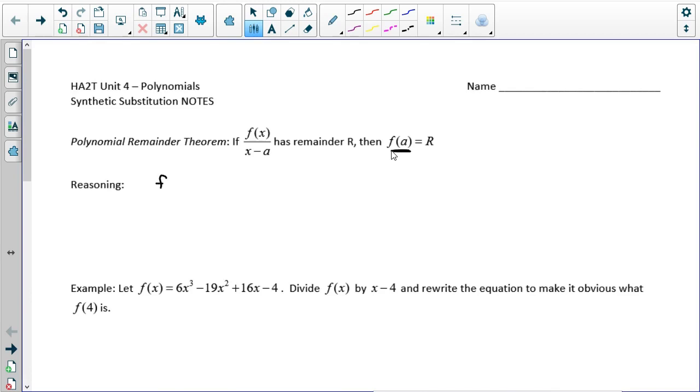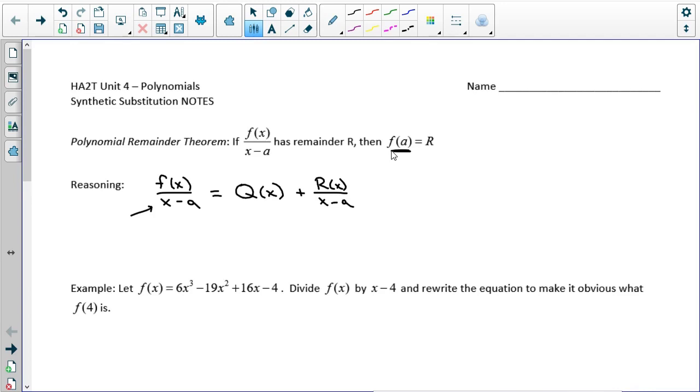So let's say we have a polynomial, and we divide it by x minus a. I know from the last video that I can rewrite that as some sort of polynomial, I'll call it q of x, plus whatever the remainder is divided by x minus a.